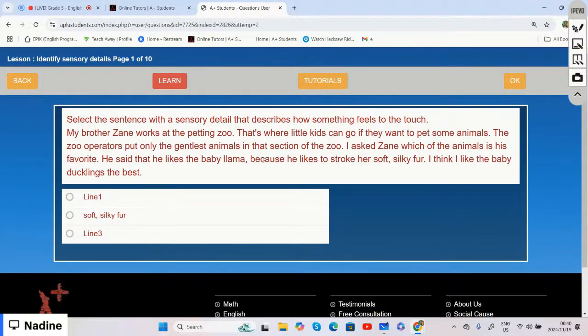We need to select the sentence with the sensory details that describes how something feels to the touch. Is it option one, line one? Is it option two, soft and silky fur, or option three, line three? Which one is correct? Option one, two, or three?